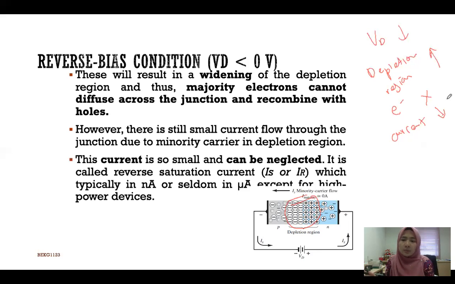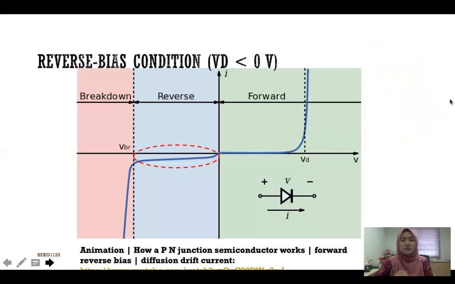This is very important. You need to be able to explain the condition of a forward bias and also reverse bias of a diode. This is the VI characteristic of a reverse bias. Previously I already told you that in a reverse bias, the current is very, very small and you can neglect it.